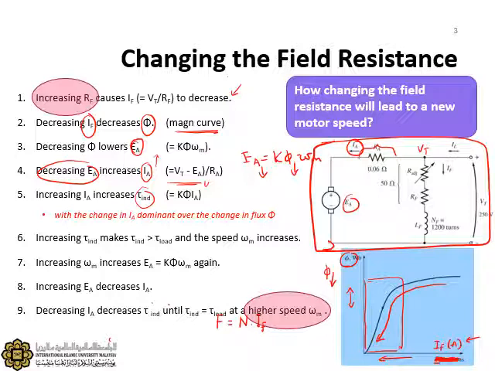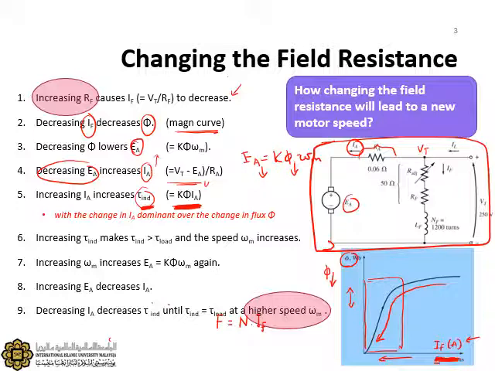We simply follow this equation, where the induced torque equals K flux, or K phi IA. This constant times the flux and times the armature current IA.